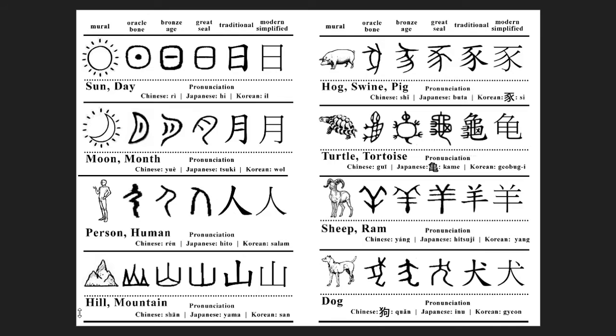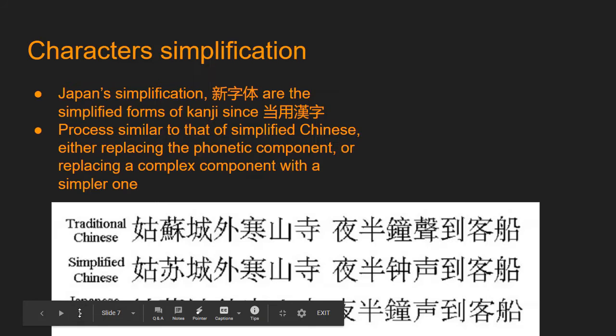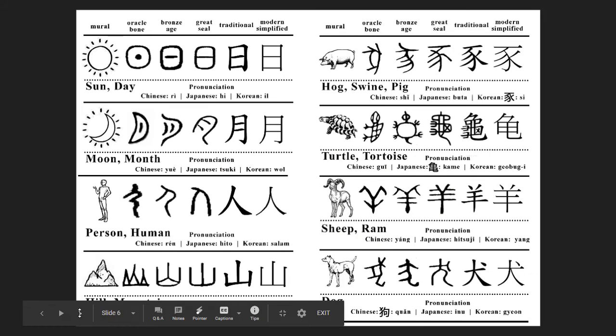So in that photo we can see the development that went through along all those stages. Meanwhile, the modern cursive script emerged from the clerical cursive script during the Cao Wei to Jin period, under the influence of both the semi-cursive script and the regular script, which then was formalized.